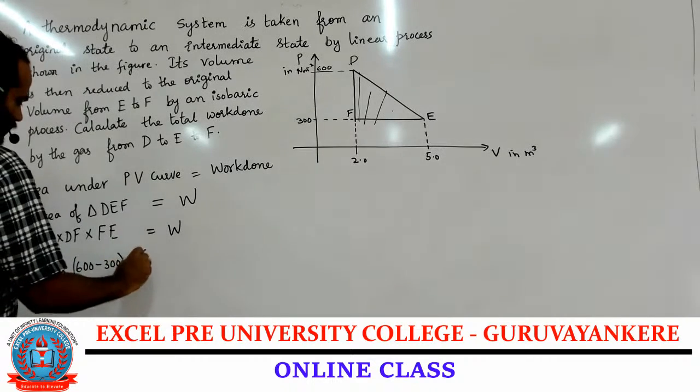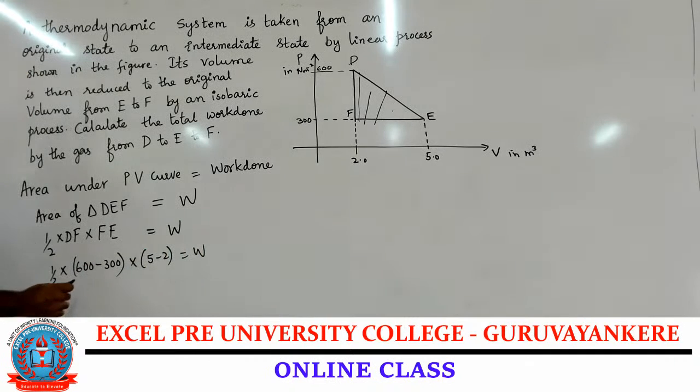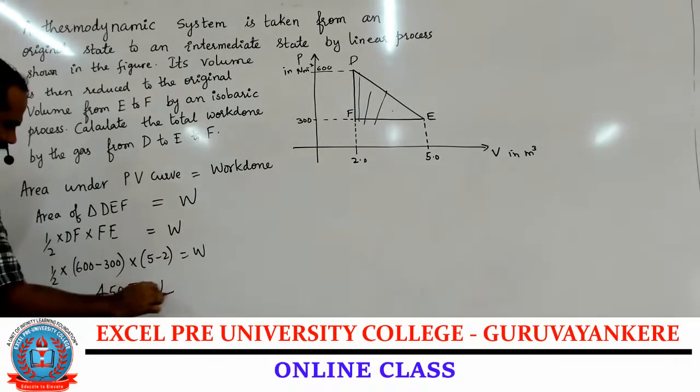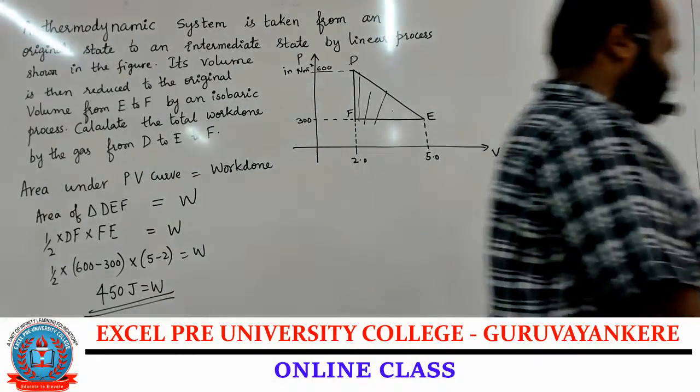FE is 5 minus 2 is equal to work done. So that is 300 into 3, this is 900, this is 450 joule is the work done. This is how we solve such problems.